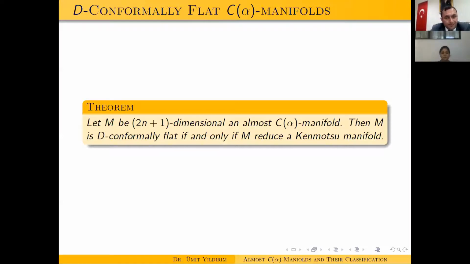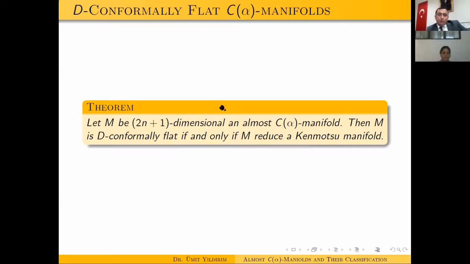Theorem: let M be a 2n+1 dimensional C alpha manifold, then M is conformally flat if and only if M reduces to a Kenmotsu manifold. This is a very important result, according to me.